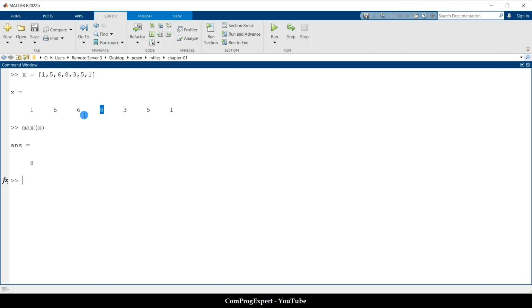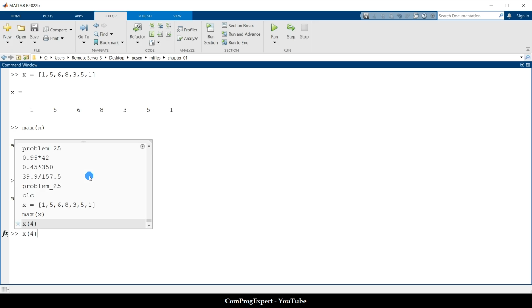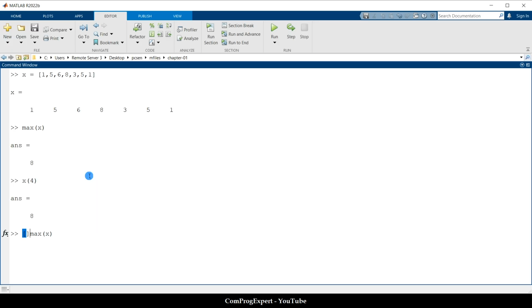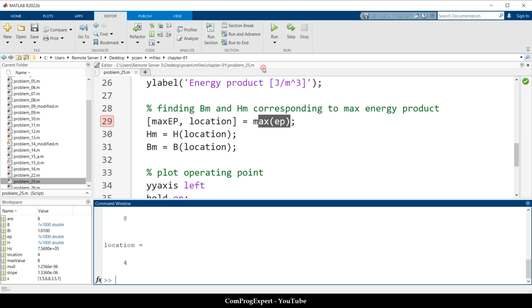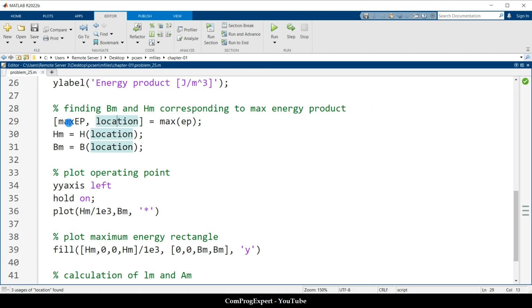So 8 is the element number 4 of this array, this vector. So x4 is 8. So when we use the max function, we can get both max value and the location that we have the maximum value. The location is 4. So here I just get the maximum energy product and the location.